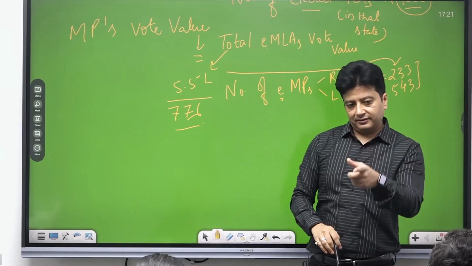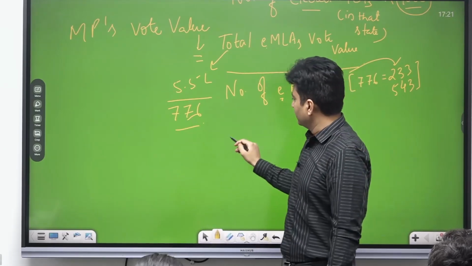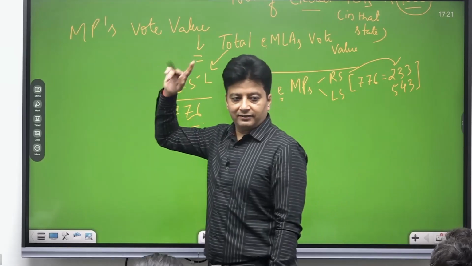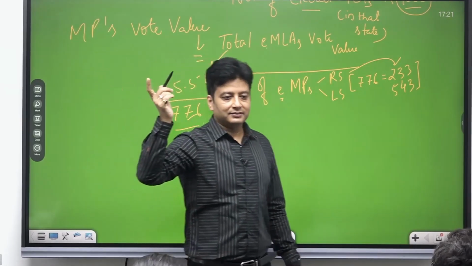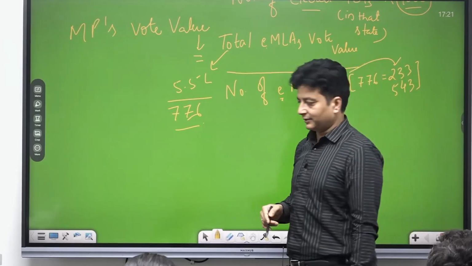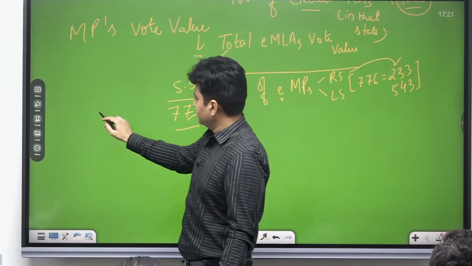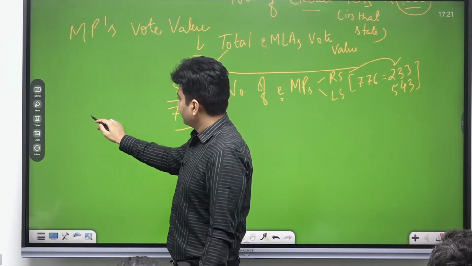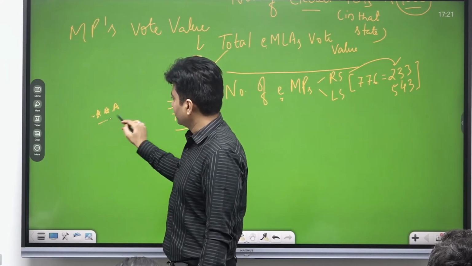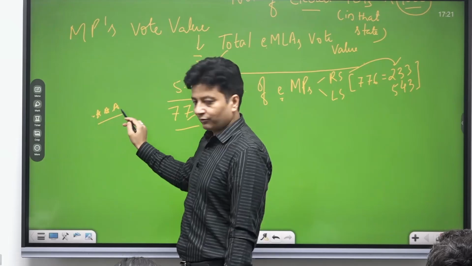And if we are multiplying it with the same number, we will not be reaching the exact value, the total sum of all the 4120 MLAs, but it will be lesser because of the mathematics, decimal things. In Constitution, it has been written clearly that till 3 positions after the decimal point, we will be calculating the value.